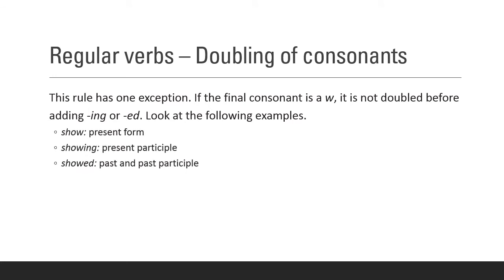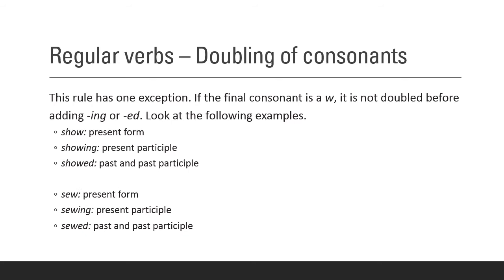Now, show is in the CVC pattern, that is the last three letters are consonant, vowel and consonant, but the verb ends with a consonant W, and so we do not double the consonant W. Showing is showing and not showwing. And similarly, showed is showed. So only in the case where the final consonant is a W, we do not double the letters.